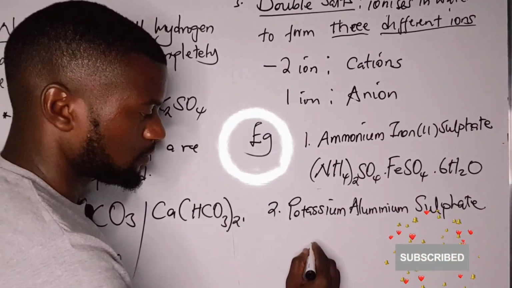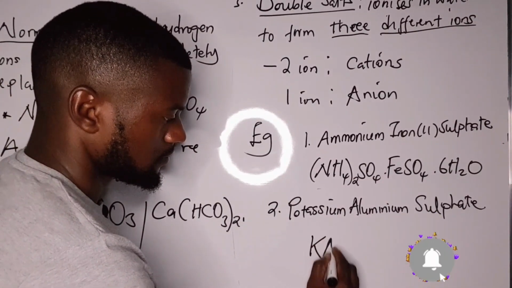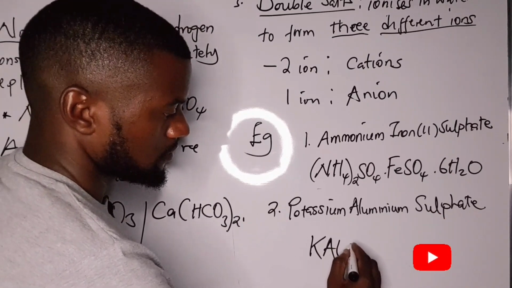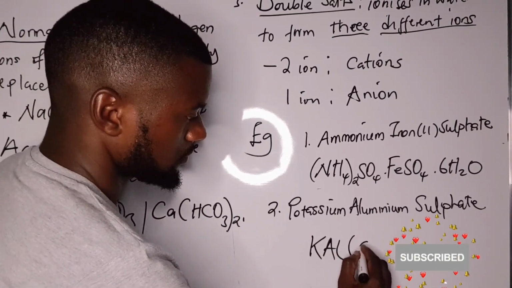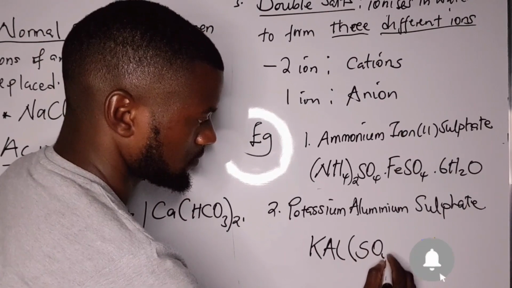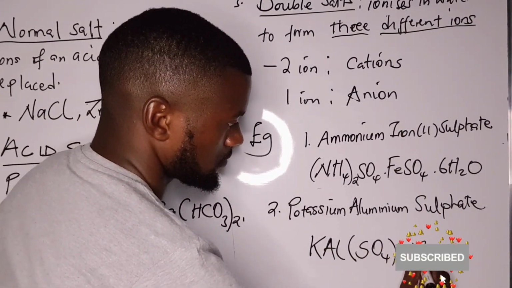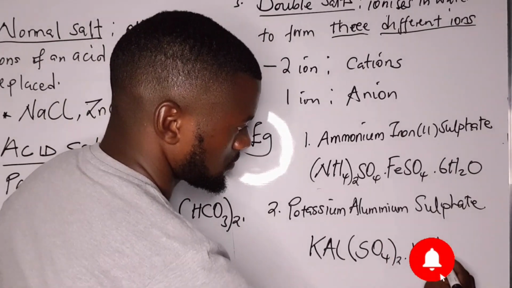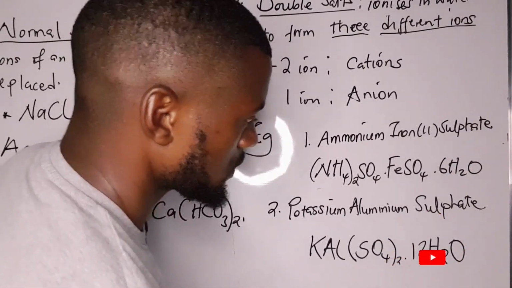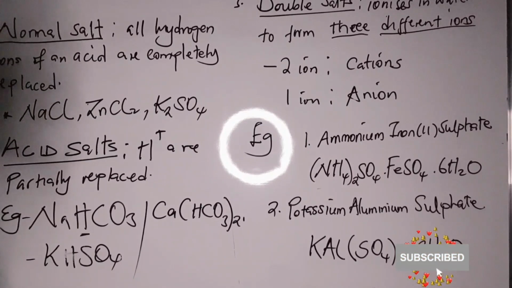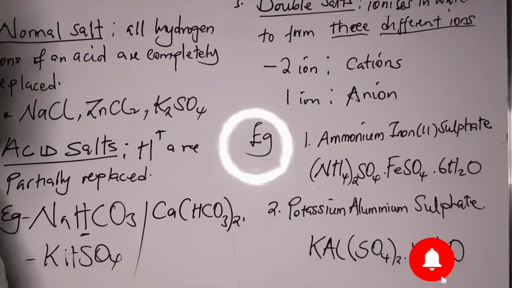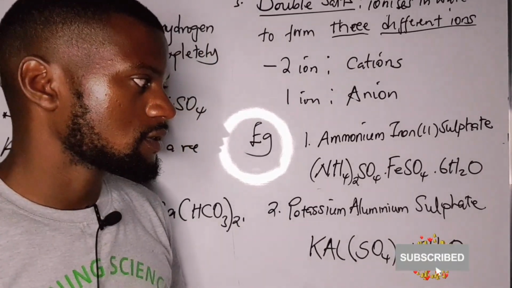Potassium aluminium sulfate is another example of a double salt.